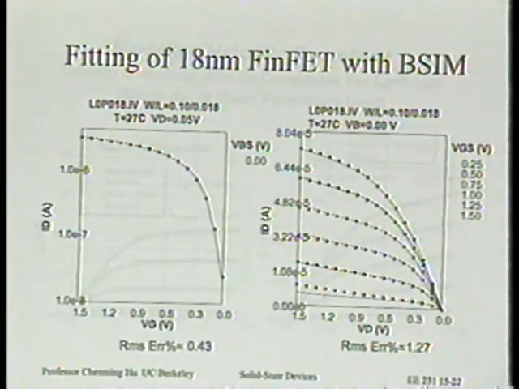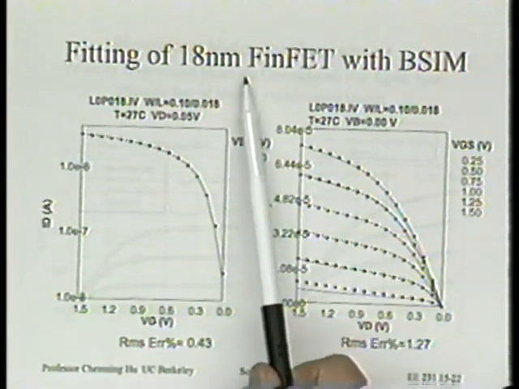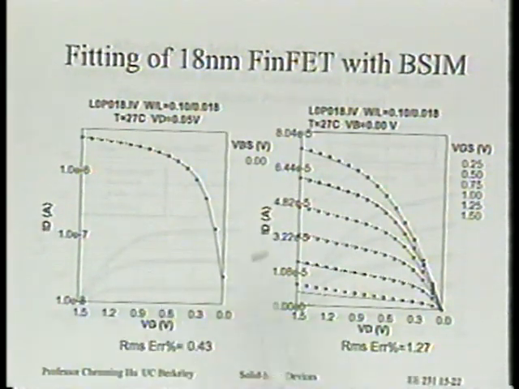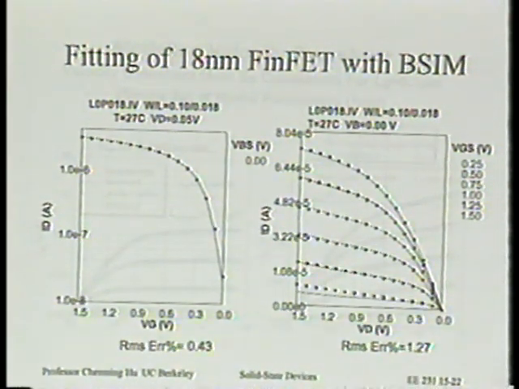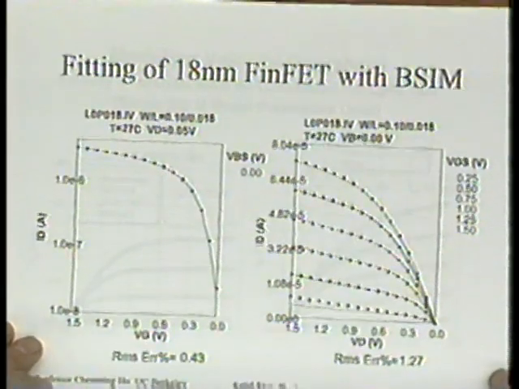But what's interesting is that I just asked the student, for fun, to try to fit the IV curve of this transistor with BSIM, and this is what he got. So, you know, we don't think physics is going to change that much, and the kind of physics that we talk about here today, I think it's going to work for a long, long time. And indeed, there are certain things that don't work as well, and those will obviously be opportunities for further research.